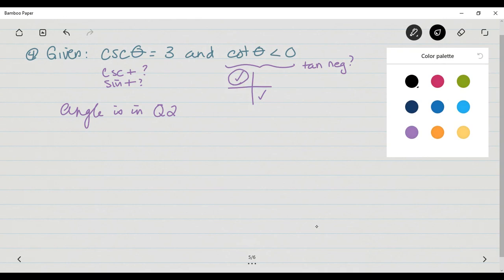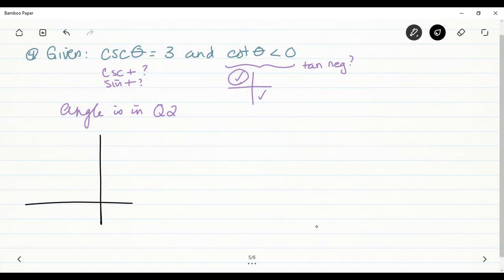All right, so let's draw our triangle in quadrant 2. Here's our angle of theta. And we have cosecant is 3. That is the reciprocal to sine. This 3 is over 1, so the reciprocal of 3 is 1/3. So our vertical is 1, and our hypotenuse is 3.